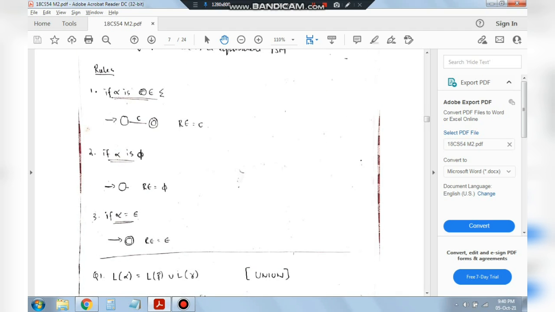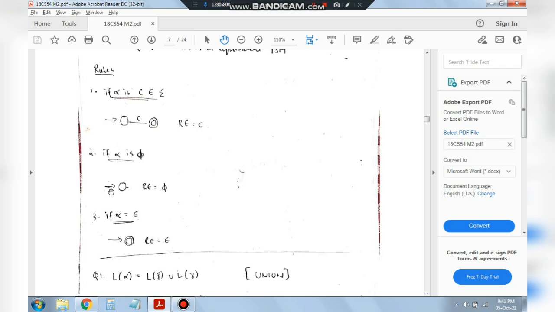If alpha is C, which belongs to the alphabet set, then the FSM is nothing but this is the starting state, which has an arrow here, and this is the final state, which is a double circle. In between that, the regular expression is C here. If alpha is null, that means there will be no final state, only the starting state will be there.